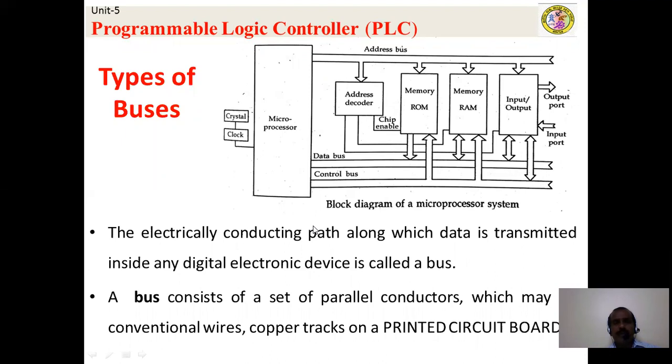So what do you mean by buses? The electrically conducting path along which data is transmitted inside any digital electronic device is called a bus. A bus mainly consists of a set of parallel conductors. They may be conventional wires, copper, or copper tracks on a printed circuit board.